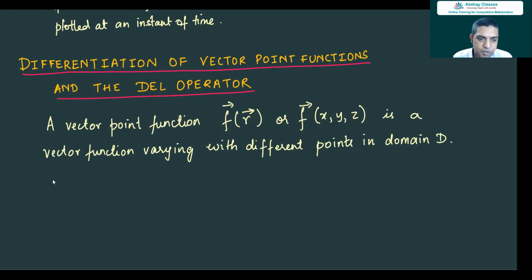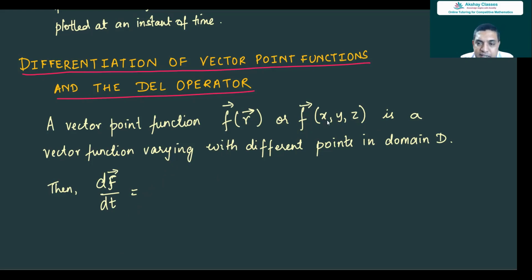Now, suppose I want to find the derivative of F with respect to t. Here x, y, and z are varying with a parameter, which usually is time. I want to see how this function varies with time.